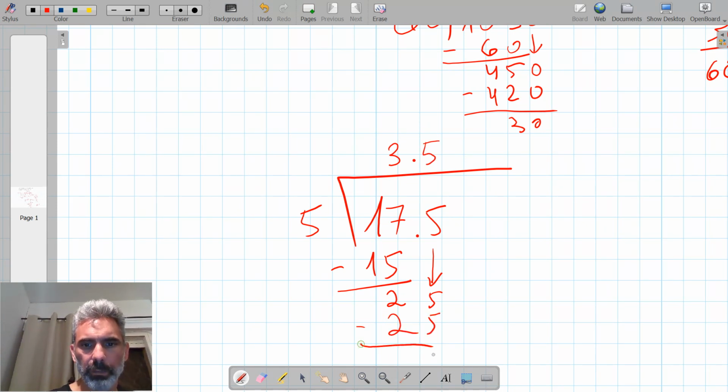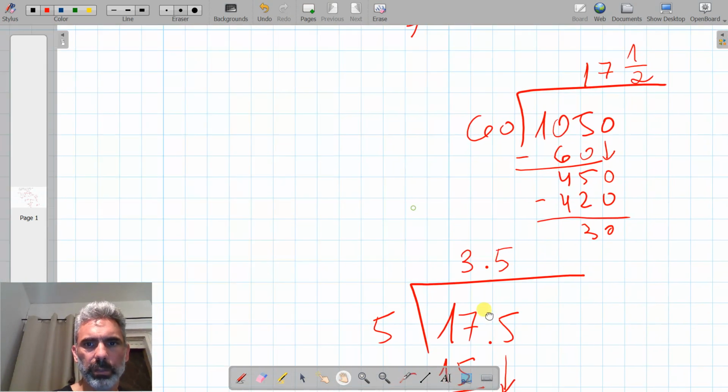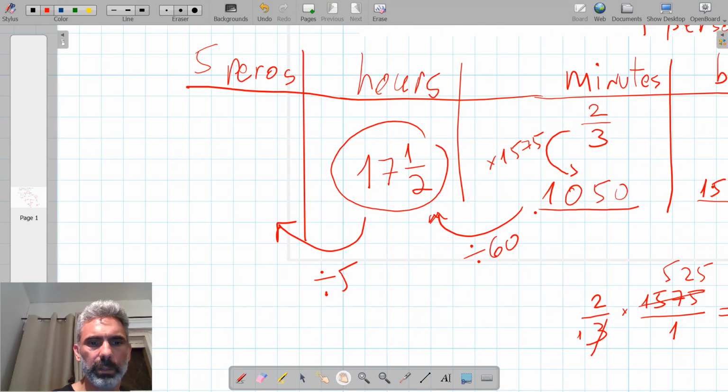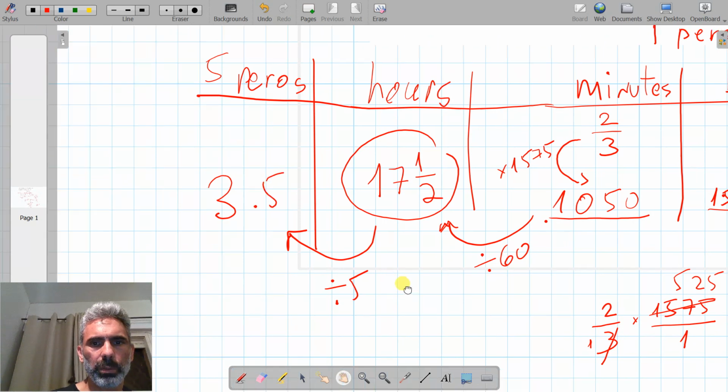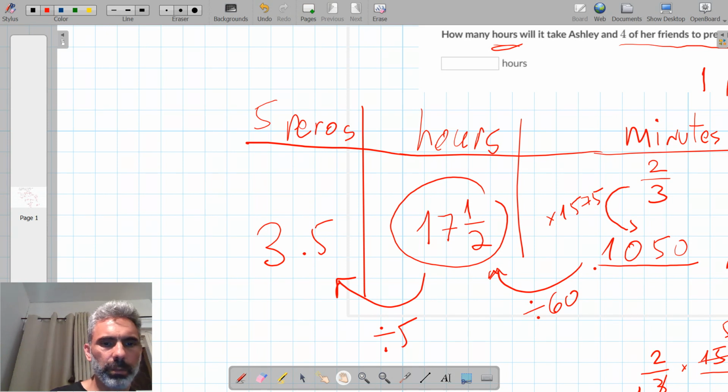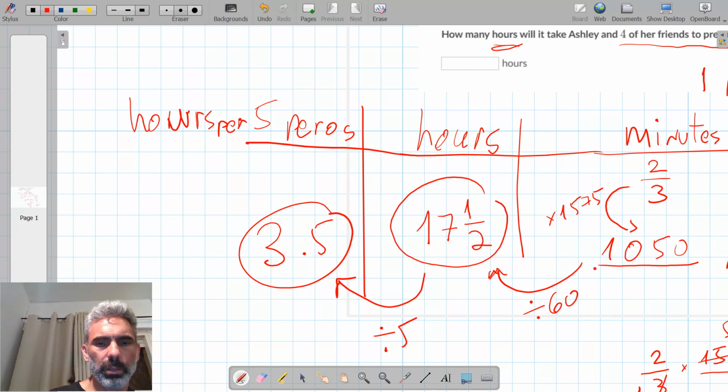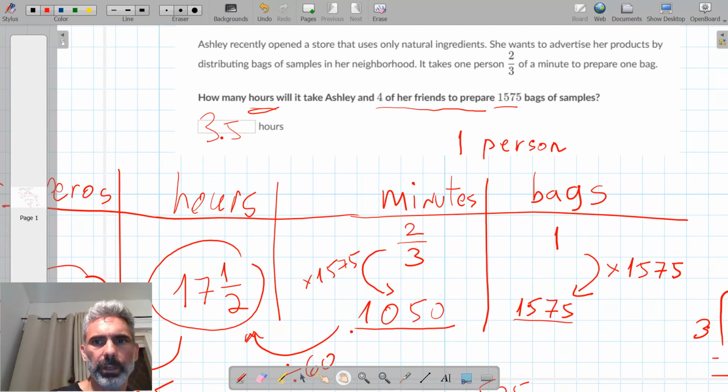I have no remainder. So the answer here is 3.5. So this is the amount of hours per 5 persons. Okay. So this is the answer, 3.5 hours.